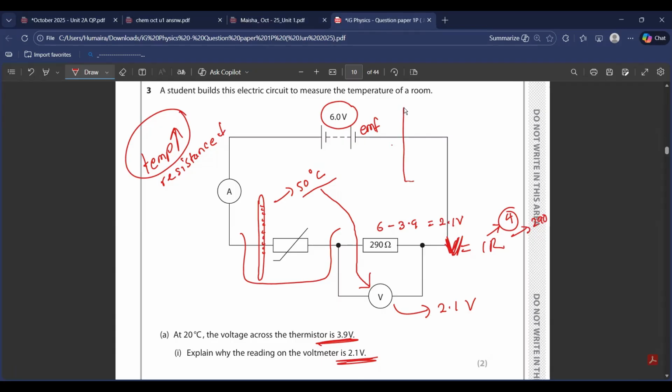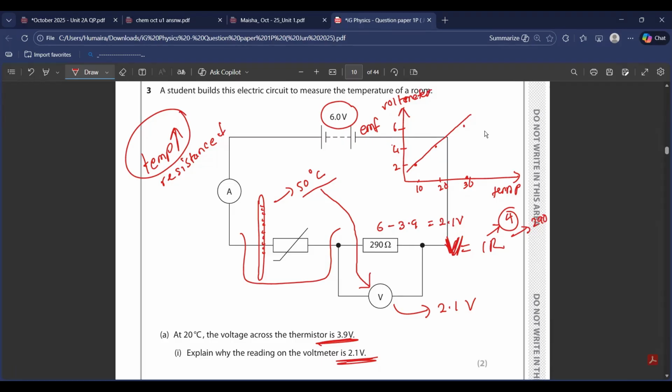For example, if you have a graph like this of voltmeter reading against temperature, and for example, at 10 degrees Celsius you have a voltage of 2, at 20 you have a voltage of 4, at 30 you have a voltage of 6, and you draw a graph of it.